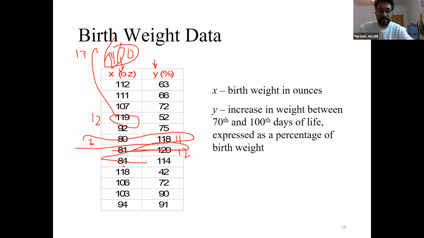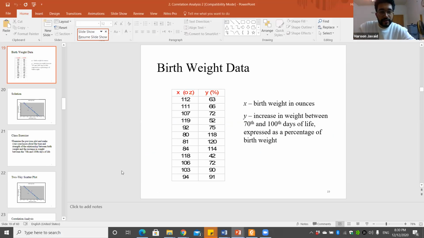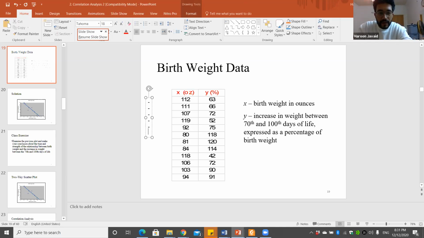Okay, so let's go with this example. Now we want to rank this data. So how do I do this? 1, 2, 3, 4, 5, 6, 7, 8, 9, 10, 11, 12. Okay, that should make sense.